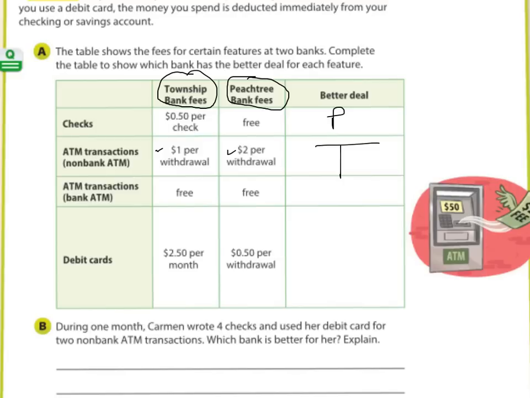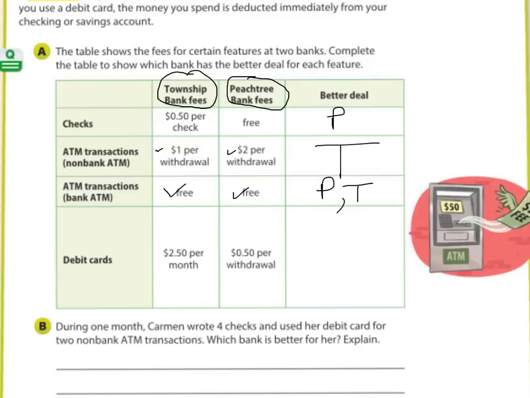ATM transactions at their own bank. So if you have a debit card from Township and you use it with Township, it's free. Same thing with Peachtree, so both of those are good. And then the debit cards, Township charges you $2.50 a month, and Peachtree charges you 50 cents for every withdrawal. So, yikes.